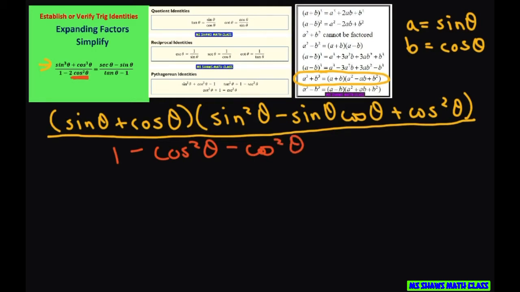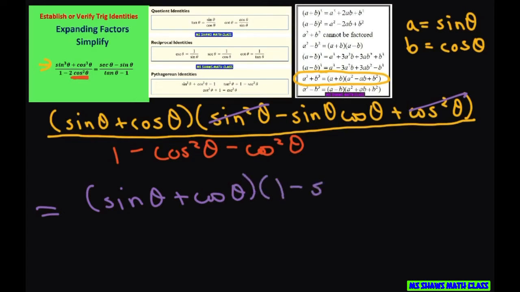All right. Now, if you look at this numerator, sine squared plus cosine squared is 1. So I'm going to rewrite my numerator as sine of theta plus cosine of theta times 1 minus sine of theta cosine of theta.